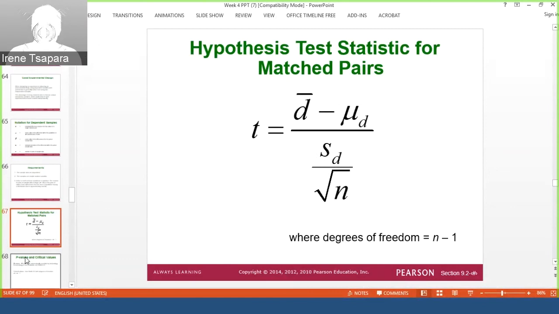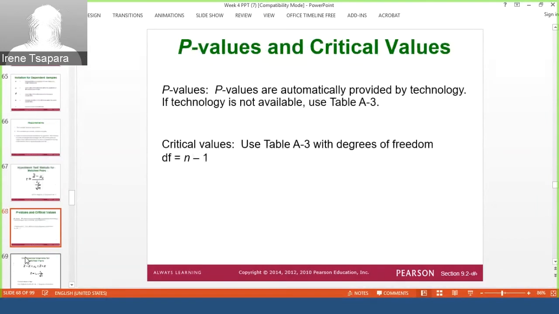We have d bar, the mean of the sample differences, minus mu d, the hypothesized mean of the differences of the pairs, divided by the standard deviation of the differences of the pairs over the square root of n, the sample size.